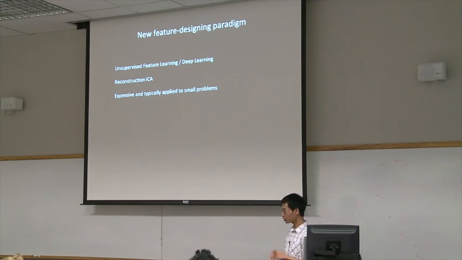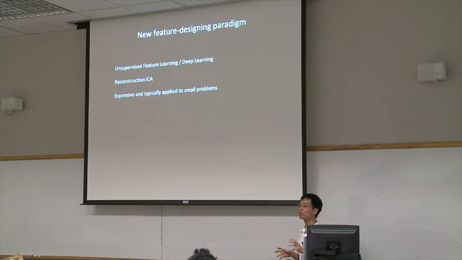At Stanford, we are at the frontier of this kind of research, and we developed a couple of algorithms that are quite successful. Among the most successful is the RICA algorithm, the reconstruction ICA algorithm, which we also successfully used for scaling up. I'm going to talk about the reconstruction ICA algorithm.